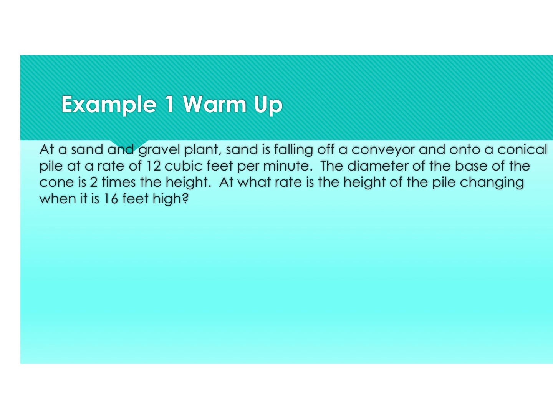So what shape do we have? A cone. Our formula for the volume of a cone is 1/3 pi r squared h. It says the pile is changing at a rate of 12 cubic feet per minute.